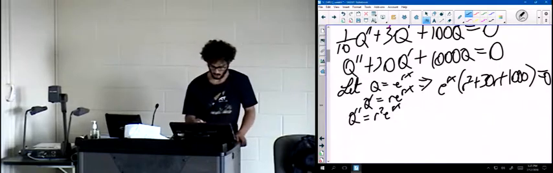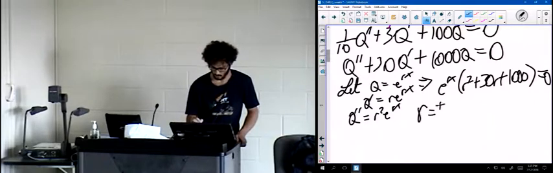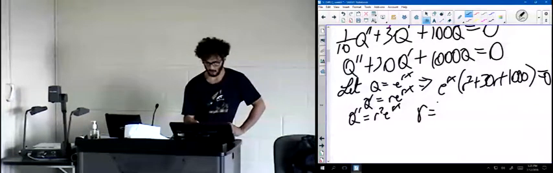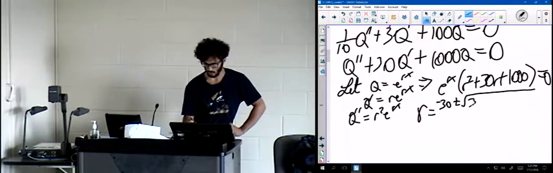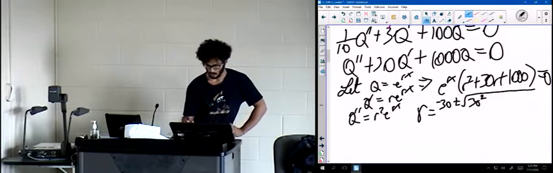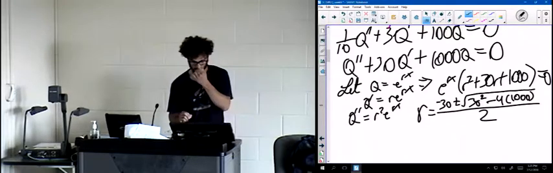Okay? Then, solve for the roots. It's negative b plus or minus the square root of b squared minus 4ac, all over 2. Okay.